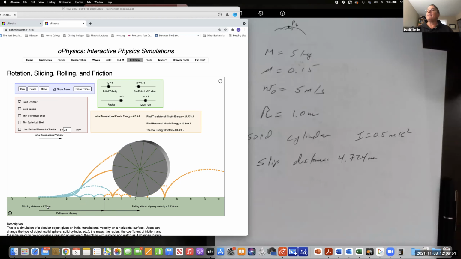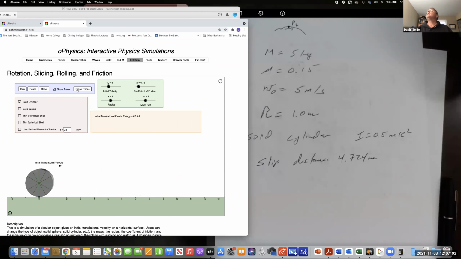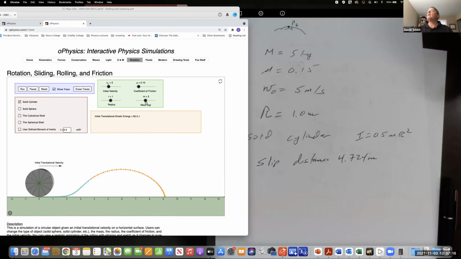Guess what? If we change the mass, same thing. We go back to 1, erase all the traces, reset this thing, and run it again. We pause it, reset over to here, change the mass to 10 kilograms.